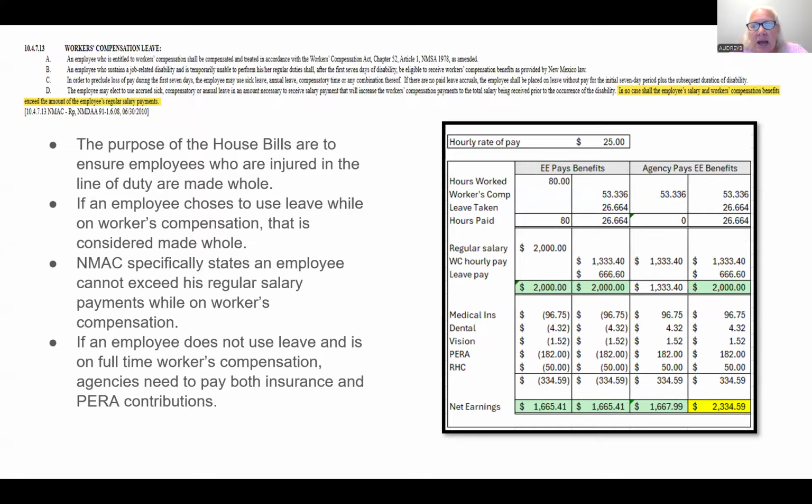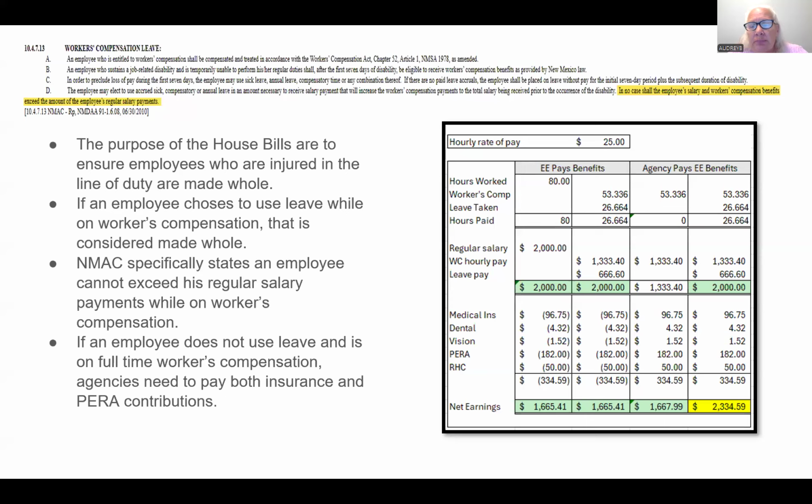So if we look at the chart on the right, you will see that I just picked a random hourly rate of pay, for example. So most of our line of duty injuries for employees fall within this hourly rate of pay.